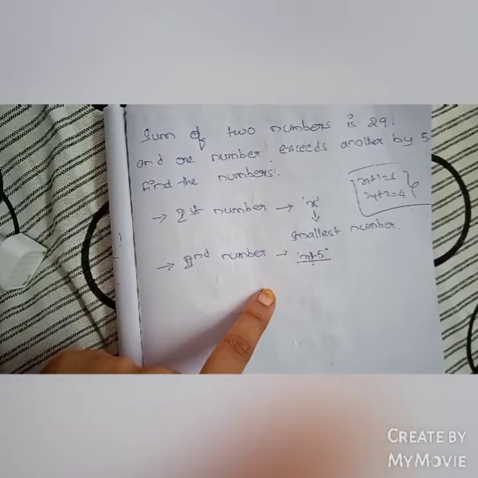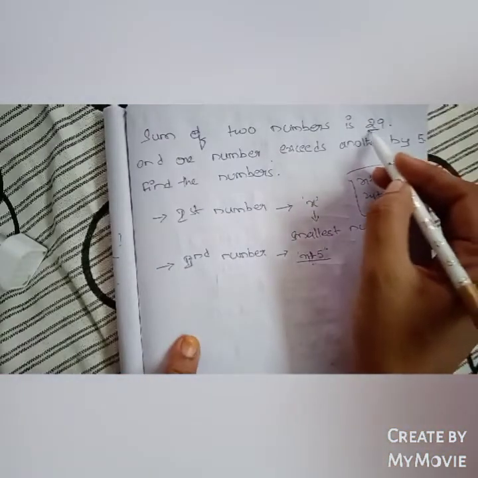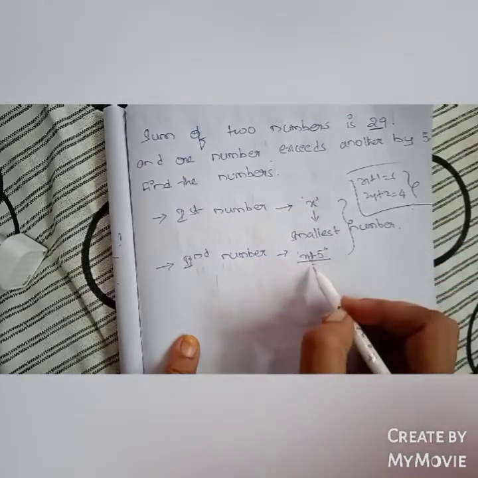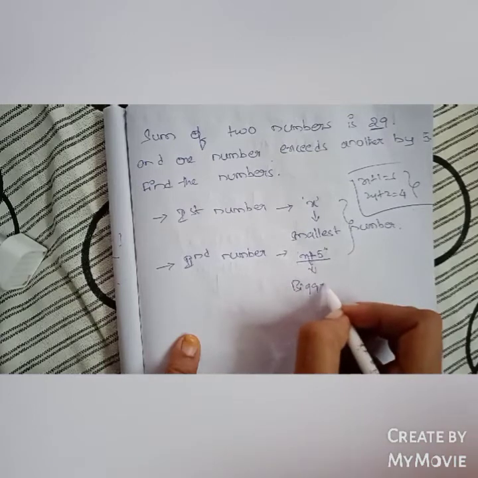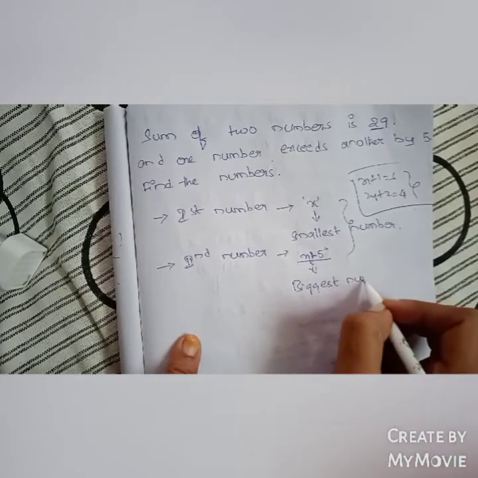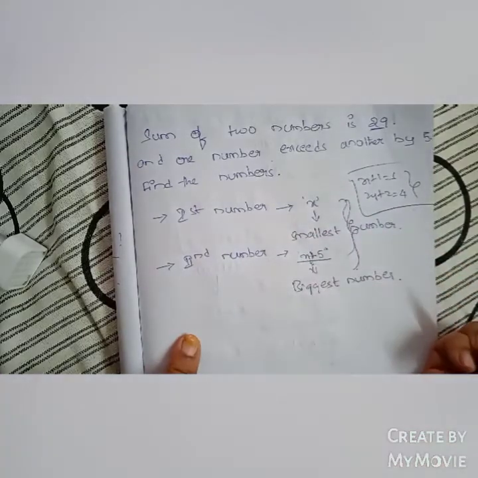Okay, here what's the given question? Sum of two numbers is 29, meaning the sum of these two numbers is 29, and we take x plus 5 as the bigger number. So the sum of these two numbers is 29.